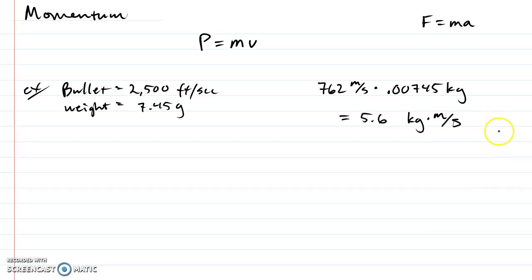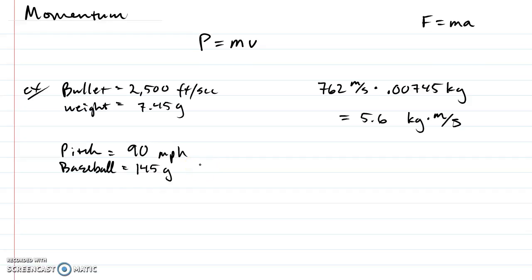Okay. But now, that's kind of telling us the amount of oomph this thing has. I like to compare it to a pitch in Major League Baseball. It's about 90 miles per hour, and a baseball, I looked this up, is 145 grams. The mass is 145 grams.